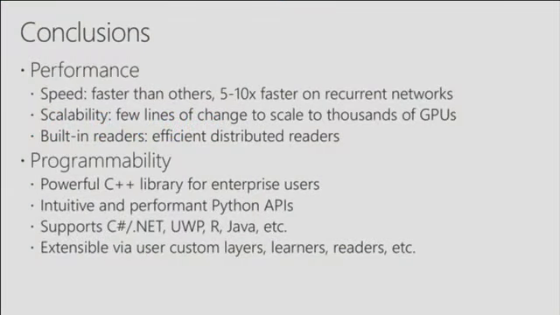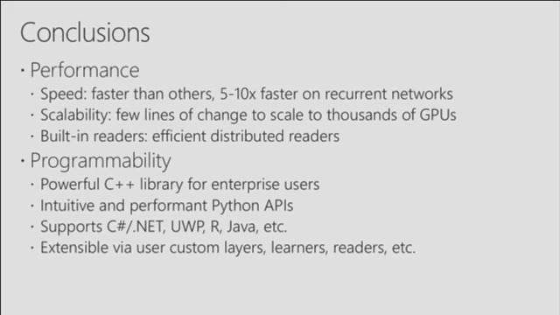So, conclusion: CNTK is a very high-performant toolkit. Its speed is very fast. It's 5 to 10x faster on recurrent networks. It can use just a few lines. You can have scalability across thousands of GPUs. We also have built-in readers that make sure distributed learning can be done very efficiently.